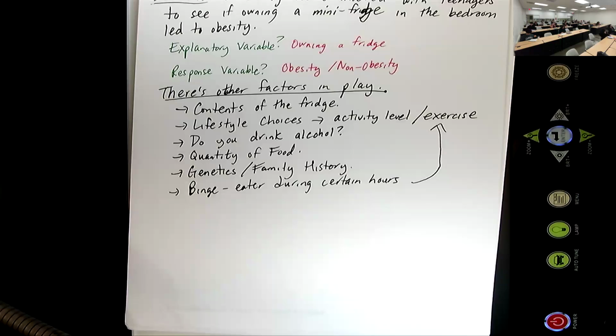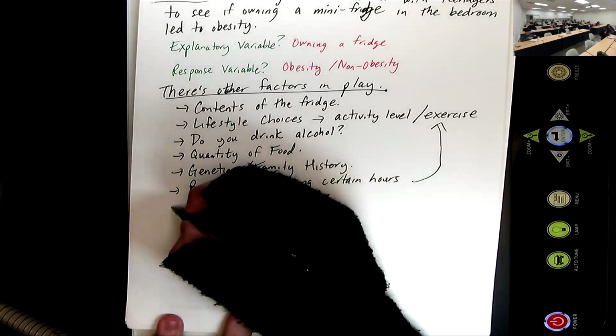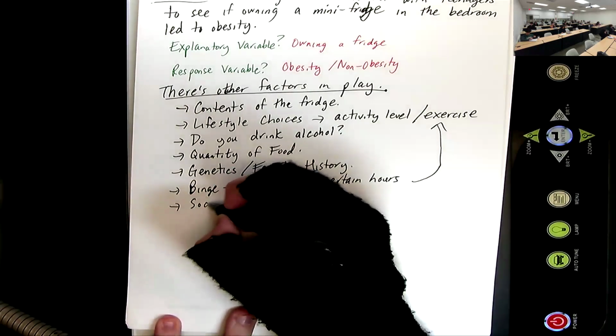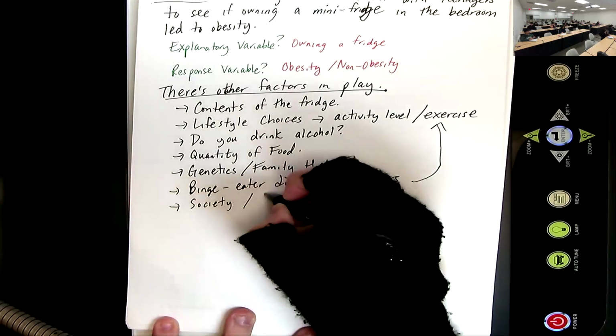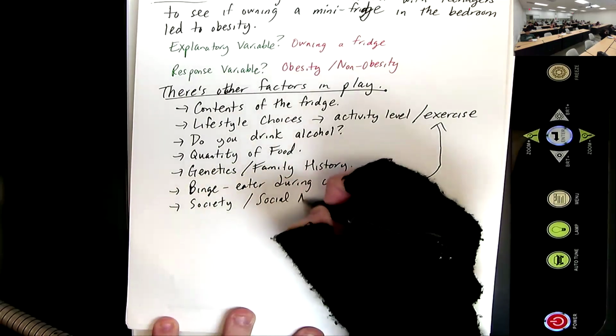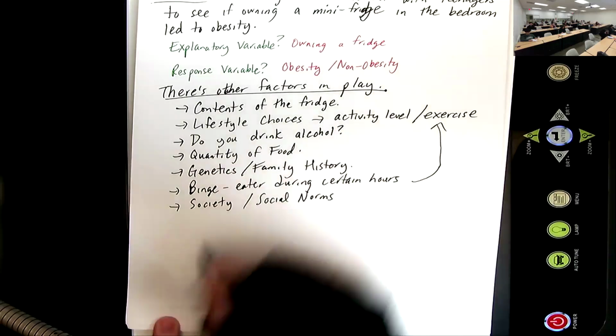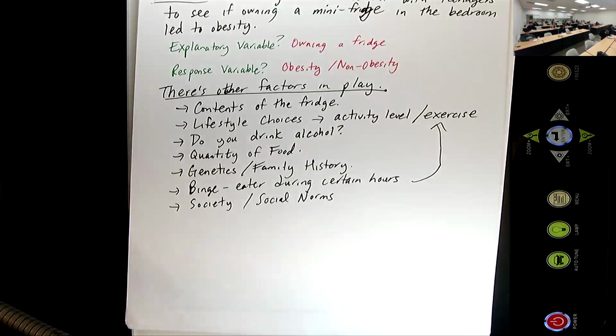Genetics. Society, or social norms, affect this. Some cultures are more likely to eat carbs than others. Some culture that eats a lot of rice. Japanese. Oh, are we guessing categories? There's a lot of categories of cultures that eat a lot of rice. Japanese is one of them. Why?